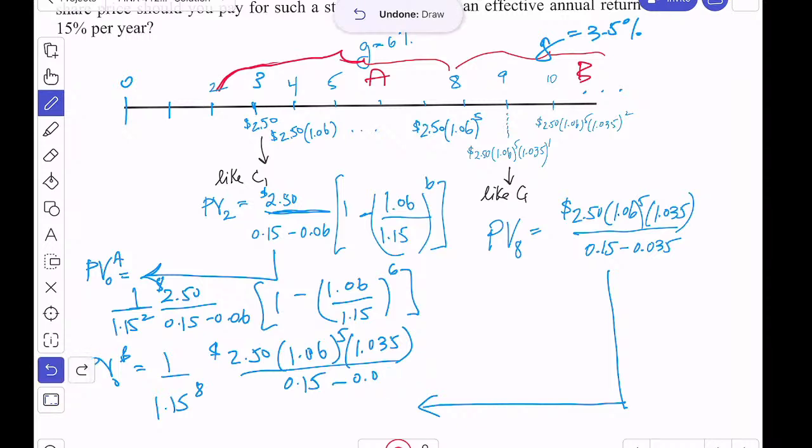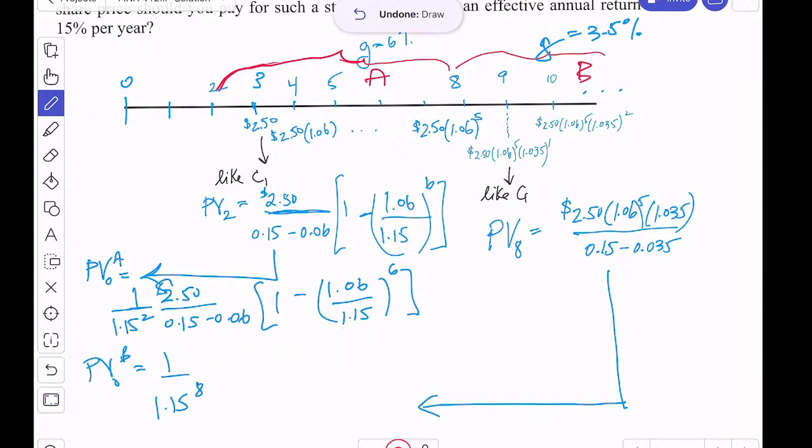So when you put these two numbers together, let me write it again, it's a little bit messy. I'm going to write it down a little lower. So it's here, 2.50, 1.065, 1.035, and then the bottom.